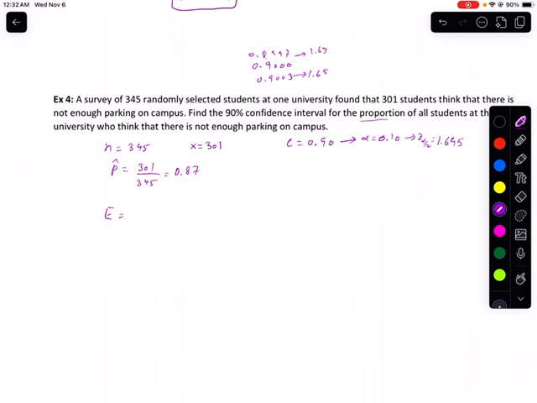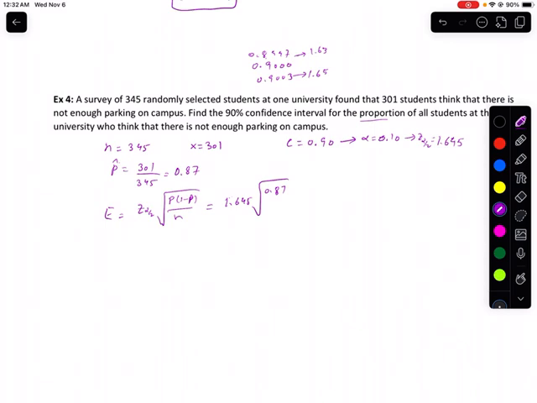So E will be equal to, because this is now a proportion, we cannot apply the same formula for E. There is a different one which says, so plug in. Why am I using 0.87 here? This is P, right? But we have P hat here.